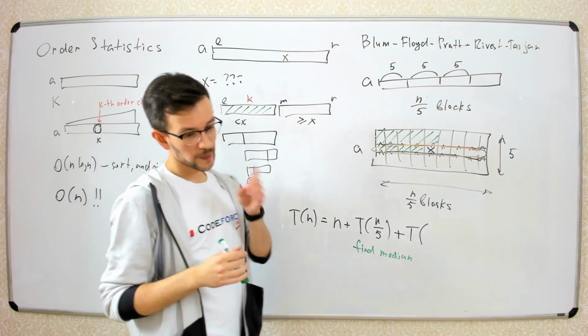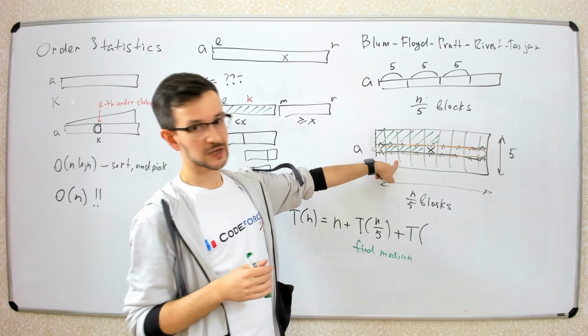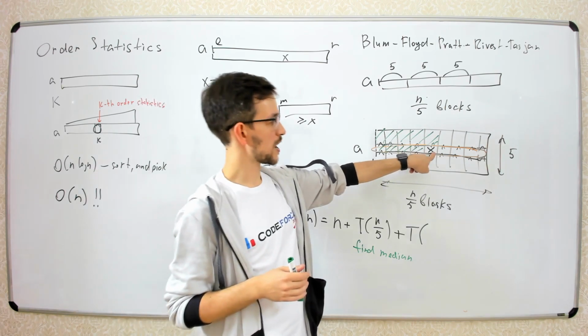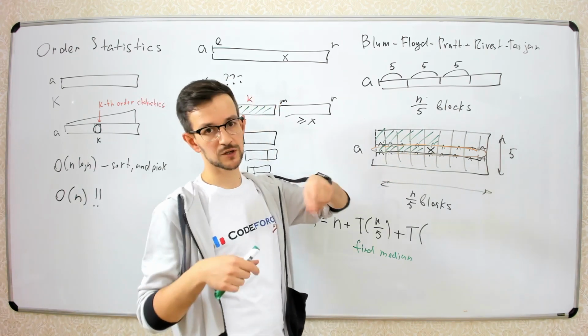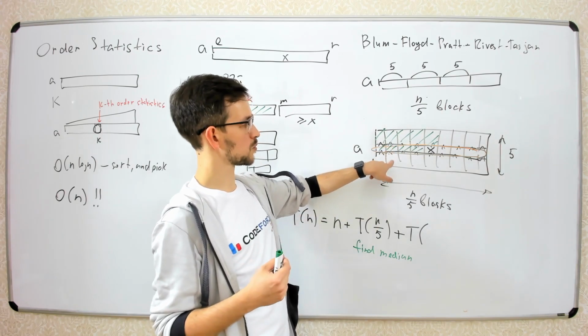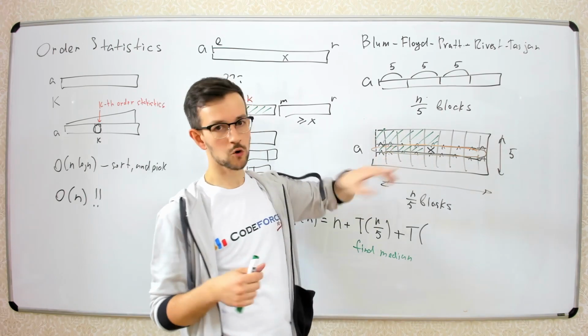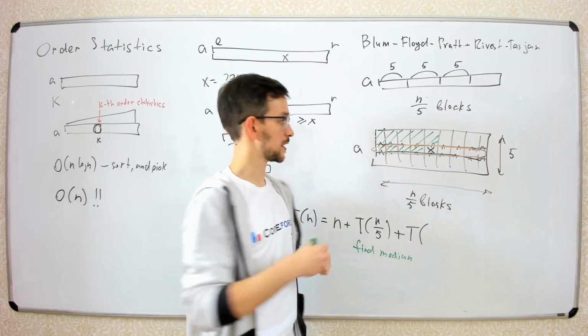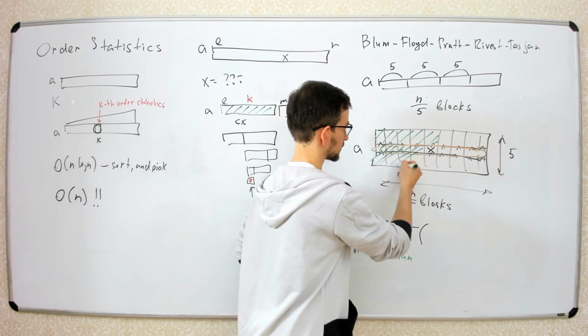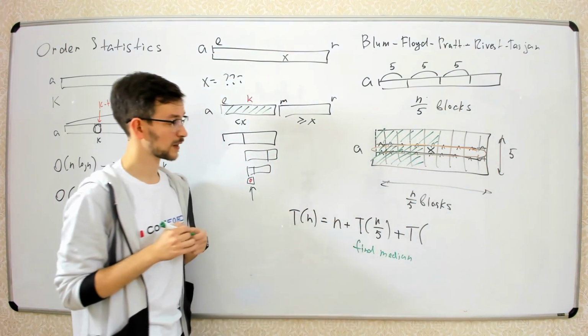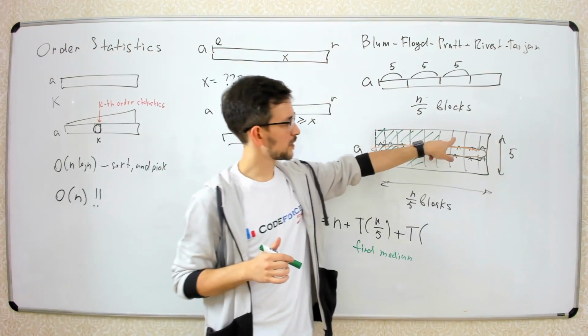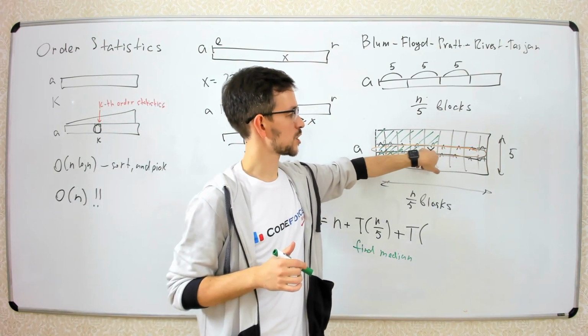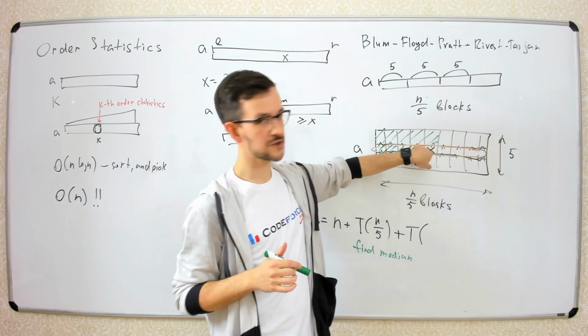Well, actually, also these elements can be less than x, because if we have x here, here we have some elements less than x, and here some elements more than this element. So these elements also could be less than x. And the same thing here. So these are some elements which are less than some elements which are greater than x.